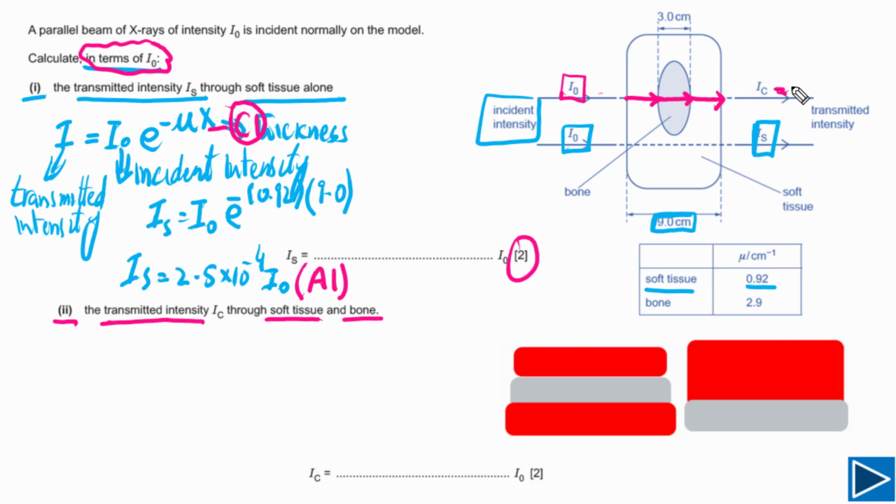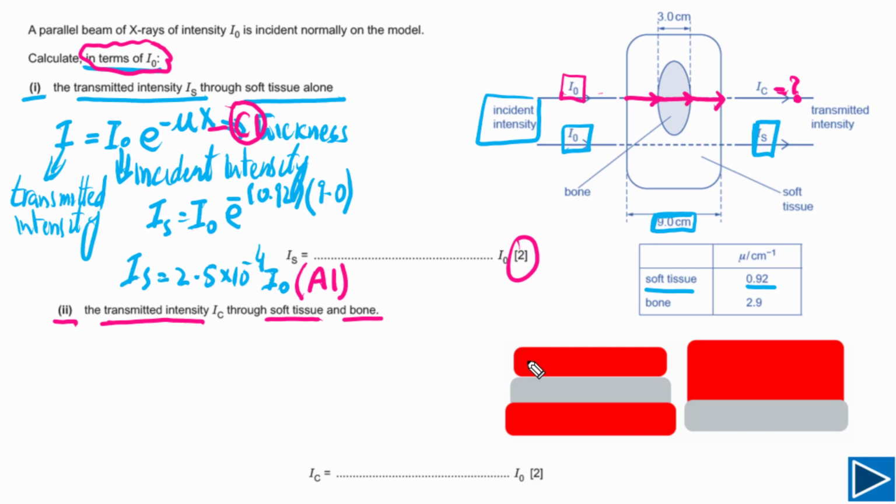This is the transmitted intensity we need to calculate in terms of I naught. We can answer this question using different methods, a simple one or a complicated one. We will use the simple method so you can understand it well and use it yourself next time for the same type of problems.